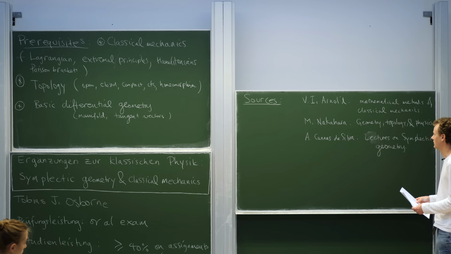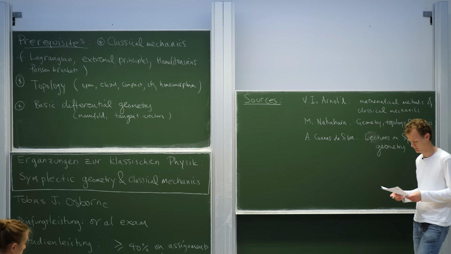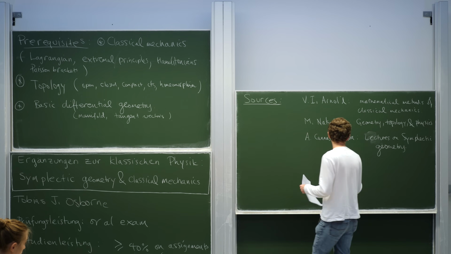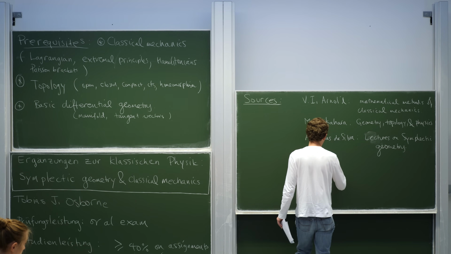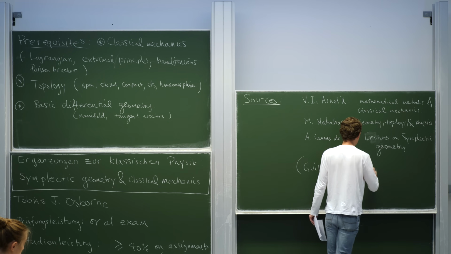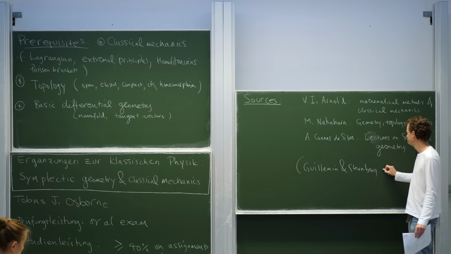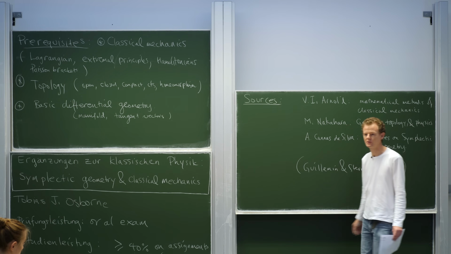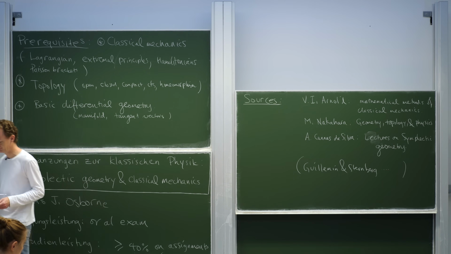So you would do well to obtain all three books and use them as background reading. There are other books that are somehow indirectly used in this course, which you can look up at your leisure as well if you're interested to get a little bit more background.